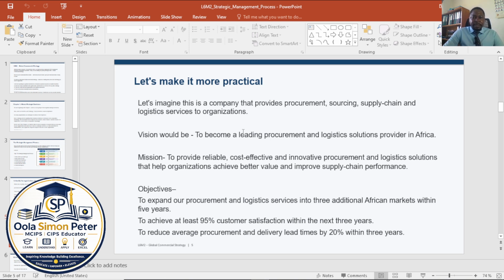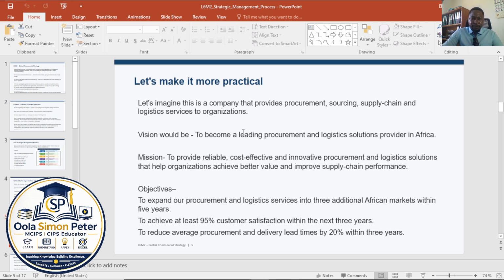Let's make it more practical and imagine a company that provides procurement, sourcing and supply chain and logistics services to organizations. I would look at an example of, let's say, PrimeLink, procurement and logistics service provider. That is now the name of the company, for example.